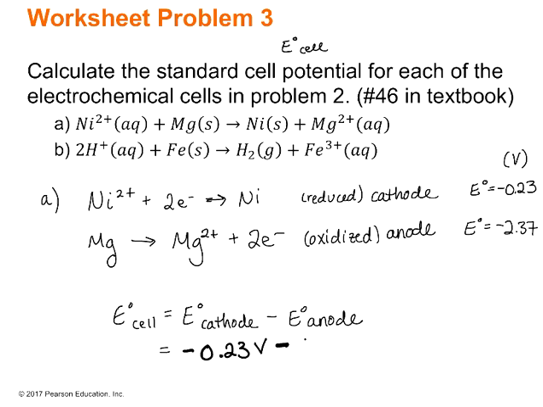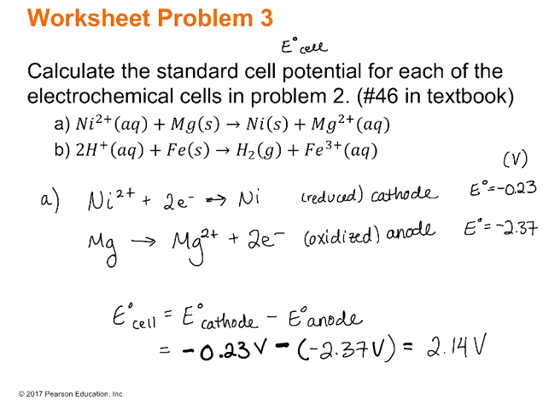And then we're going to subtract negative 2.37 volts, the anode. So this will end up as negative 0.23 plus 2.37. So that should give us a value of 2.14 volts.